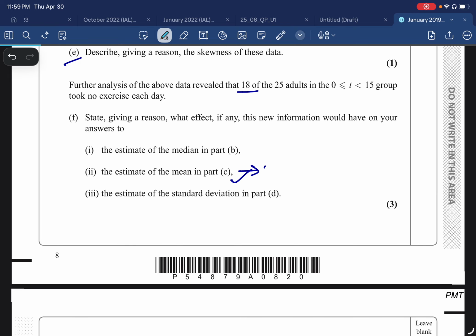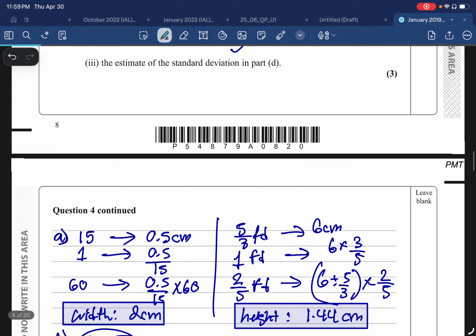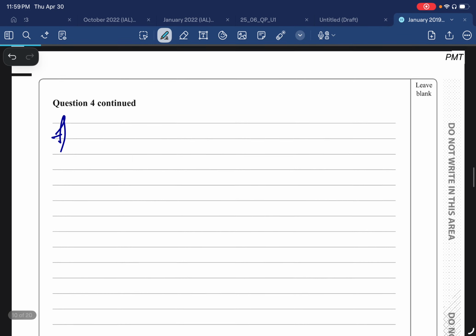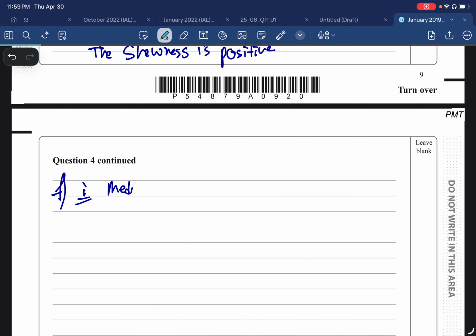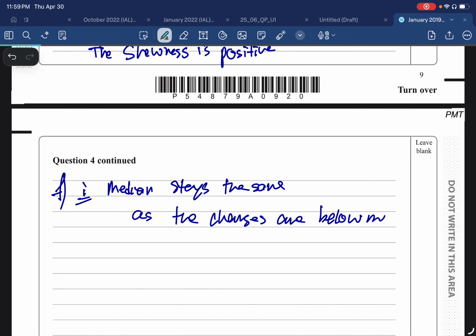So our mean, let's write it over here. So first we should say, what was the first one? The median. So median doesn't change. Median stays the same as the changes are below median. The mean is going to decrease.